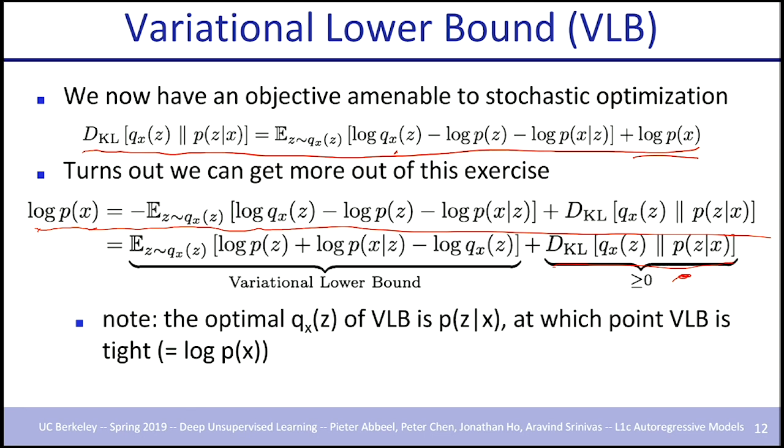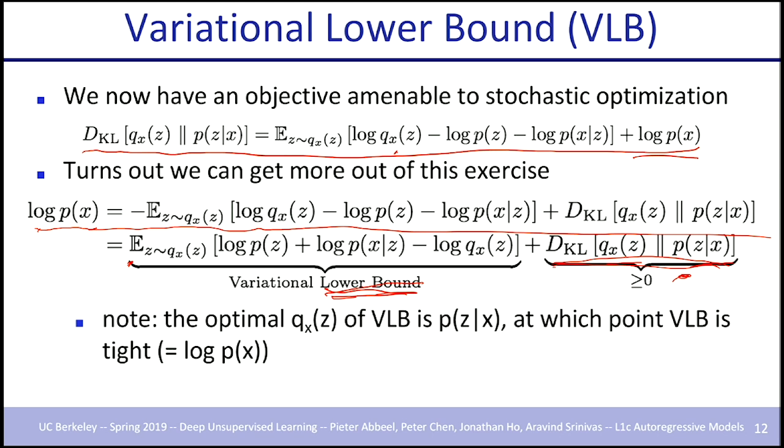If KL divergence is 0, then these two distributions match each other exactly, but it is always non-negative. And when two distributions differ from each other, you have positive KL divergence. So what that means is that this term is always positive. And then we have this expectation on the left side plus an always positive term equals the marginal likelihood. And what that means is that the thing on the left is always a lower bound of the marginal likelihood. So now that's some progress.